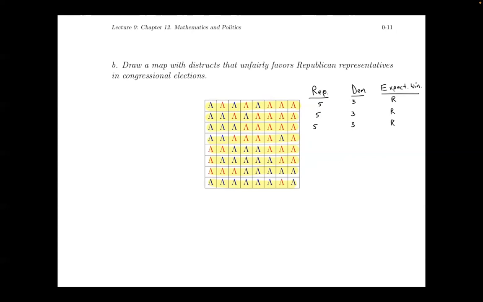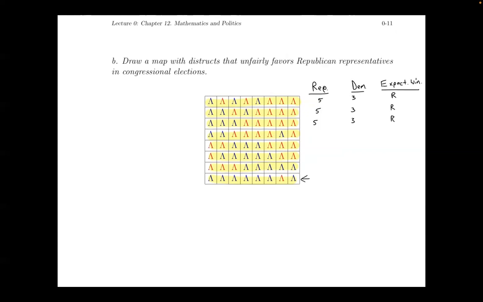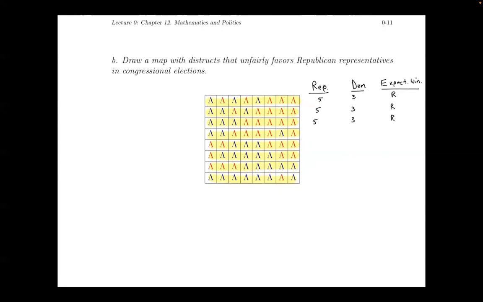But what happens is this idea of packing and cracking, right? So we're going to pack all of the Democrats into a single district, and then we'll give them that district, right? It looks like we have one Republican here with 7 Democrats. So of course the Democrats win this one.